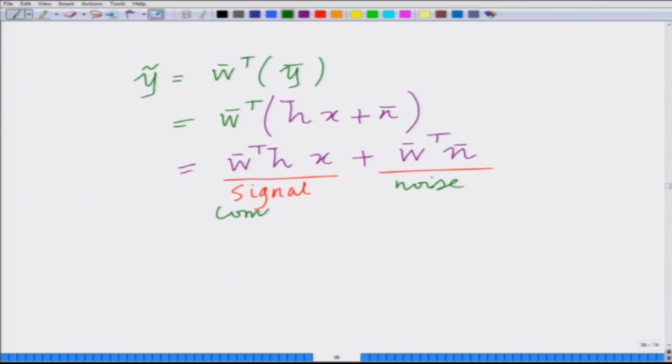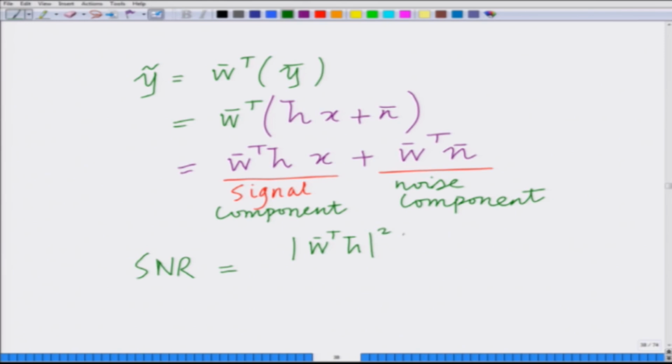So, we have the signal component and the noise component, and therefore, the SNR, the signal to noise power ratio, is the power of the signal component, that is magnitude of W bar transpose h bar whole square times P, divided by the noise power.